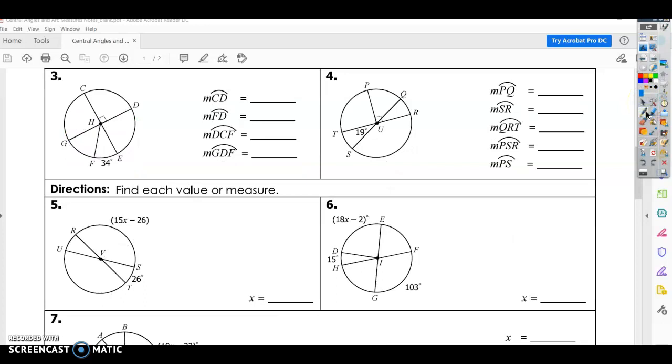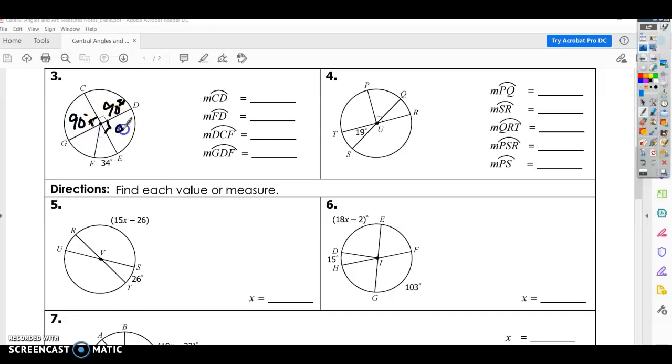All right, if we look at number 3, you see this perpendicular thing here, meaning these two lines are perpendicular, or this creates a 90-degree angle. So when you see that, you know that's 90. And because this is the diameter, this is 180, so this is also 90.